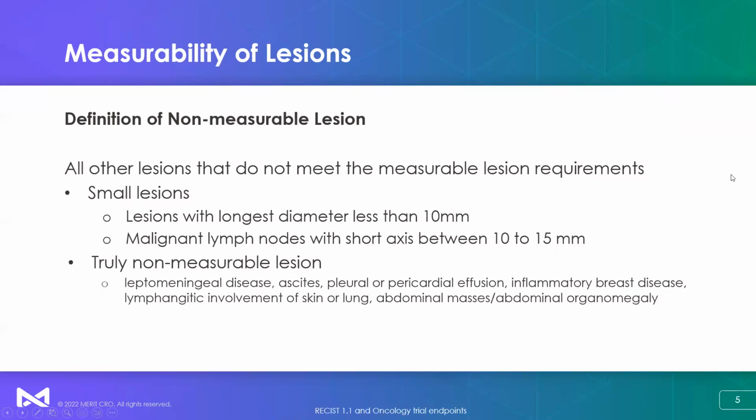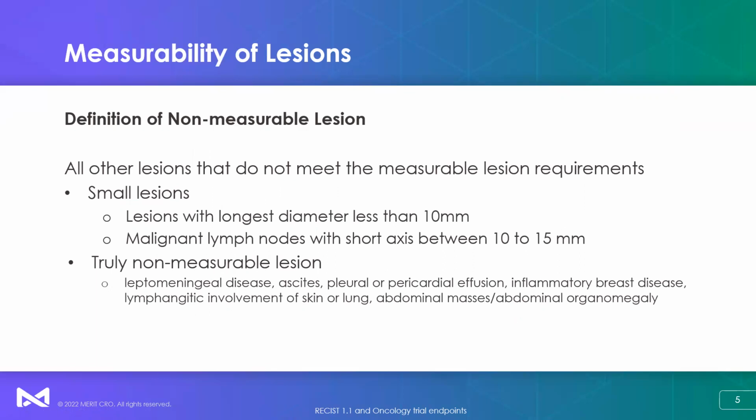And also, the definition of non-measurable lesions would be all other lesions that do not meet the measurability requirements that we just discussed in the prior slide, which would also include the small lesions, the lesions with the longest diameter less than 10 millimeters, or any malignant lymph nodes with the short axis less than 15 but greater than 10.